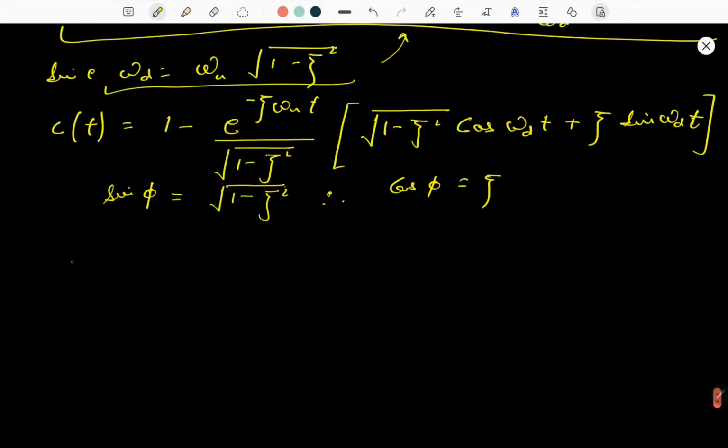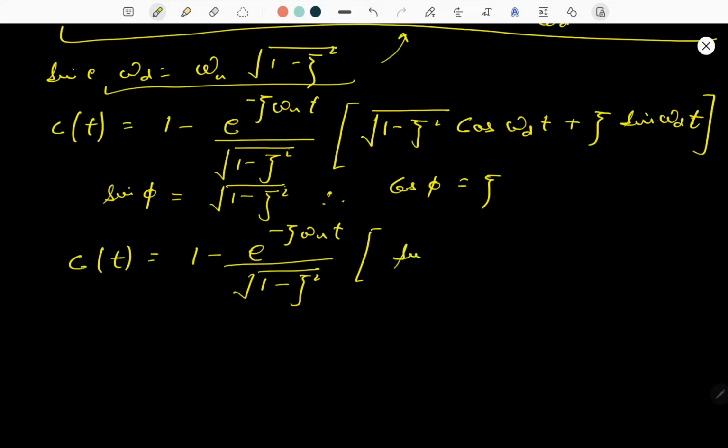This above equation will become c(t) equals 1 minus e to the power minus zeta omega n t upon under root of 1 minus zeta square, in bracket sine phi cos omega d t plus cos phi sine omega d t.